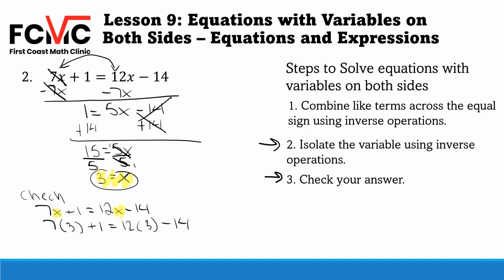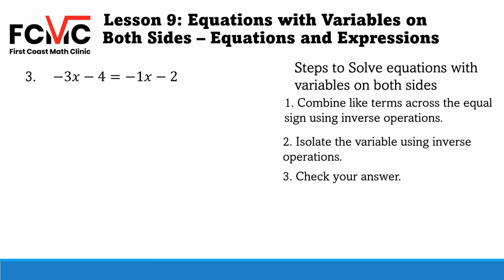Let's simplify this. 7 times 3 is 21 plus 1, and we get 22. 12 times 3 is 36 minus 14. 36 minus 14 is 22. So the left side and the right side are equal to each other, so our answer checks, and our answer is x equals 3. All right, let's go on to number 3.